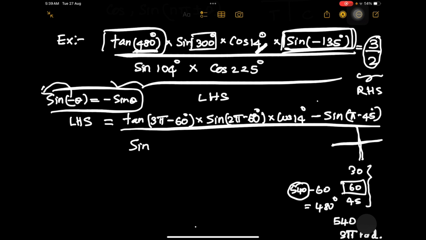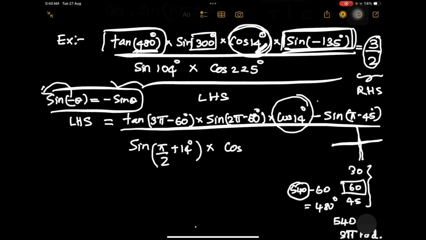There is no reference angle, so I'm going to write it in relation with 14 degree, because we don't have any comparing value with that. Sometimes if you write in relation with 14 degrees, there are chances it will be cancelled in between the calculation. So I'm going to write this one like pi by 2, which is 90 degree, plus 14 degree.